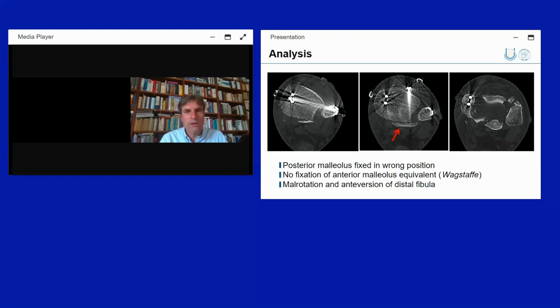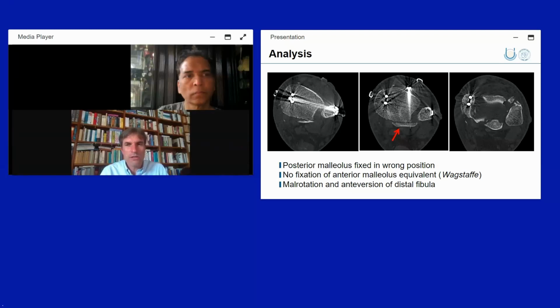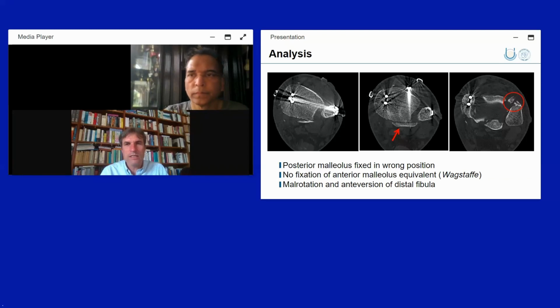So this alone results in an incongruent mortise, and you see the futile attempt to catch that fragment from the front. Maybe you can grab it, but you cannot reduce it. And also the stability is more than questionable in those cases. You also see the unattended anteromedial equivalent, so that Wagstaff fragment. And of course, you see the malrotation and inversion of the distal fibula.